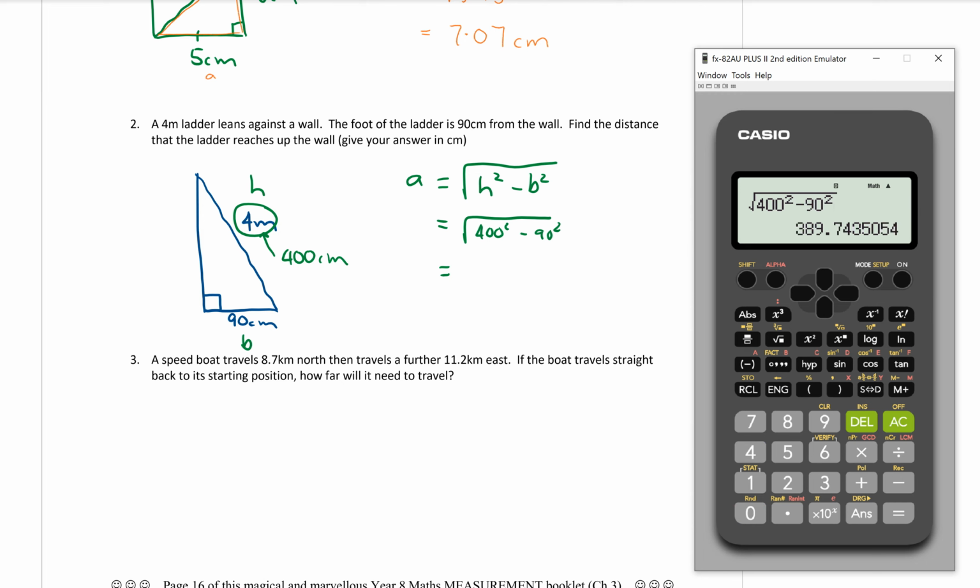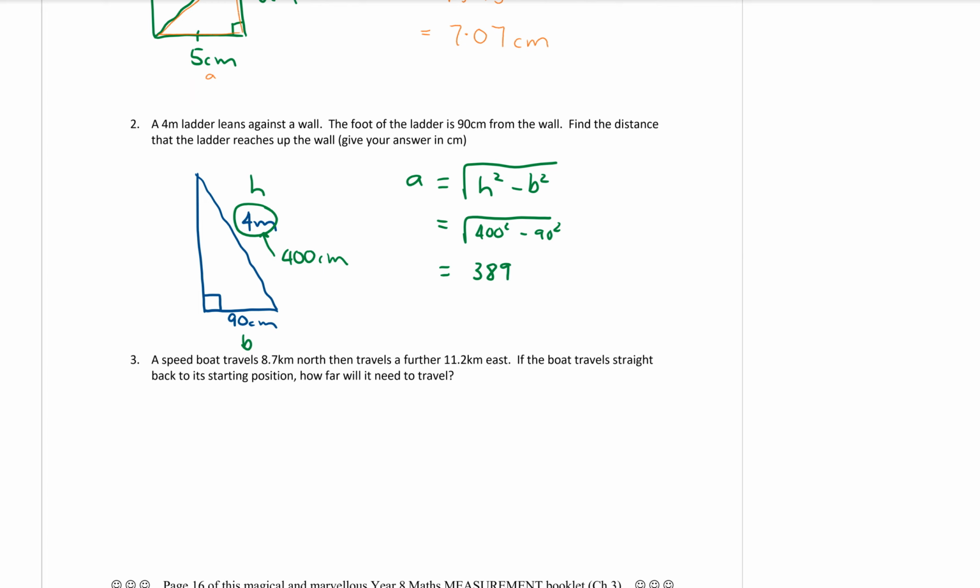I'm just checking for decimal places there, because sometimes the wordy questions say. It doesn't say, so let's do 2 decimal places. 389.74. And that's in centimetres.